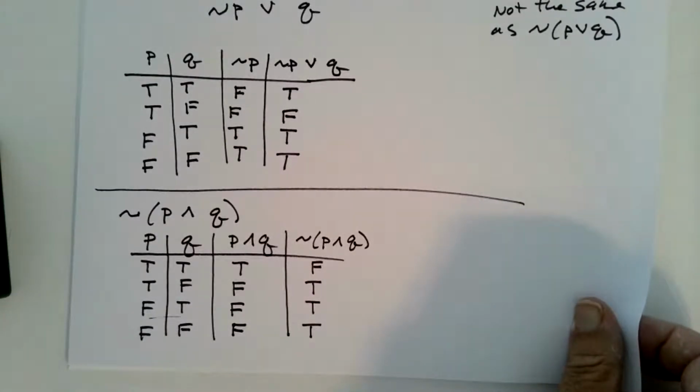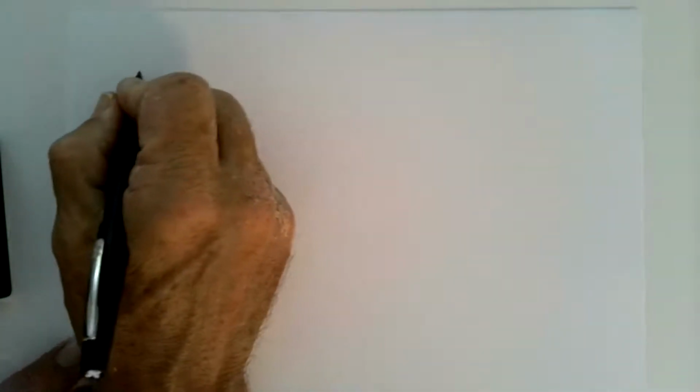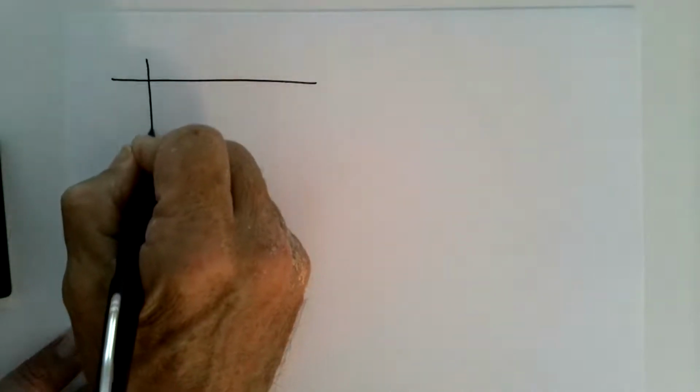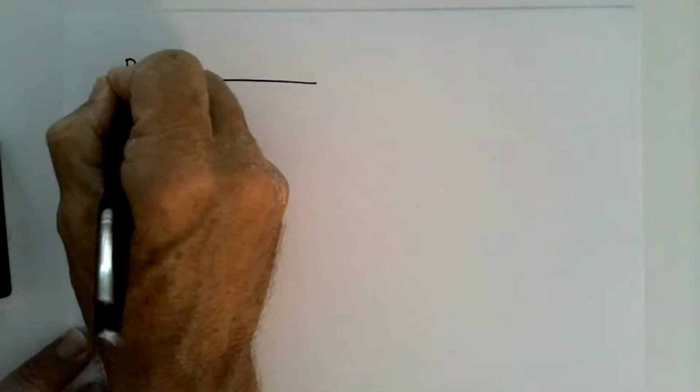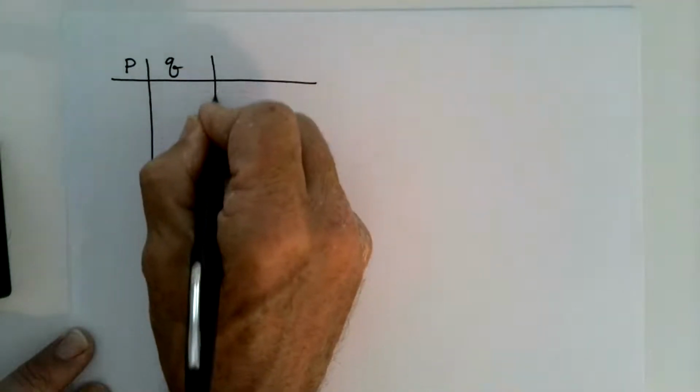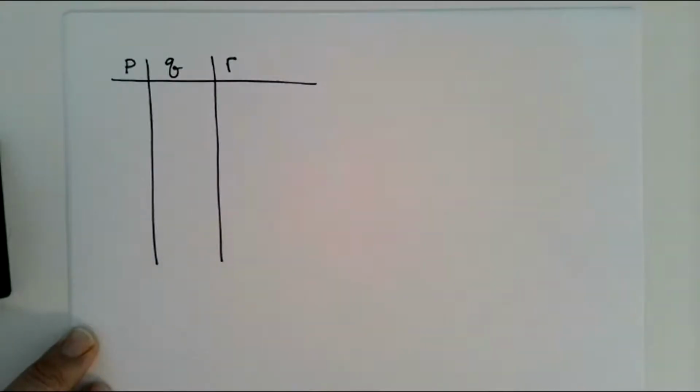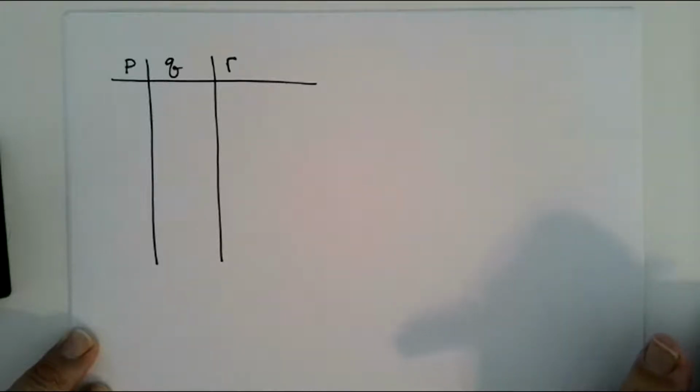Now, what happens if we have 3 statements? Let's take a look at those. So I want to look at P, Q, and R. So we've got P, we've got Q, and we've got R. So we know how to do our table for P with Q: TT, TF, FT, FF.